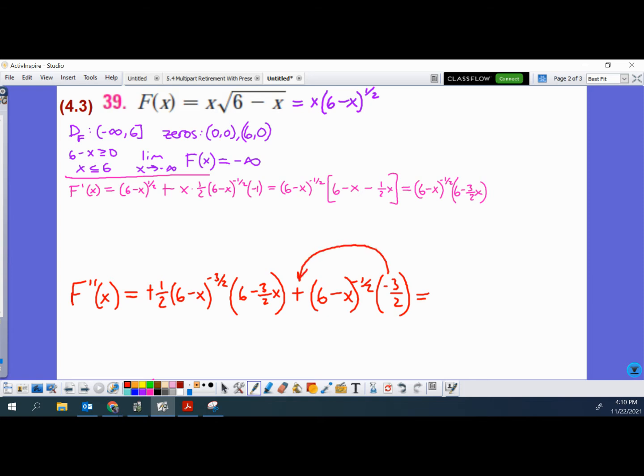I'm just going to keep an eye on that. I'm going to have a negative in front. This one's positive though, so I won't factor out a negative or anything. I'm going to factor out 1/2 times 6 minus x to the negative 3/2 power. And that's going to leave, well, that's all of this, so it's going to leave 6 minus 3/2 x.